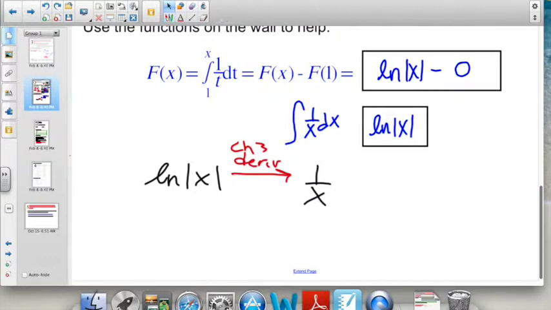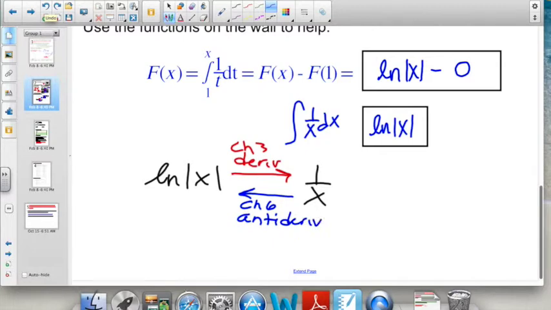And in chapter 6, we learned that the antiderivative of 1 over x, when we looked at it numerically, ended up being the natural log of x. We just reversed that process. Does that make sense?